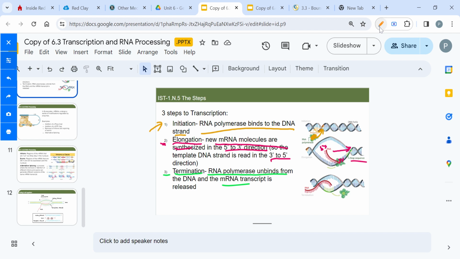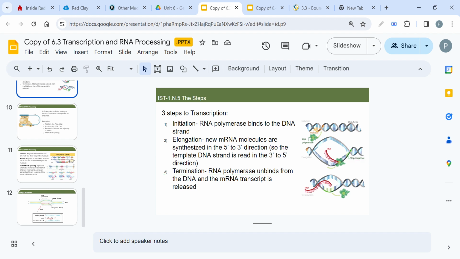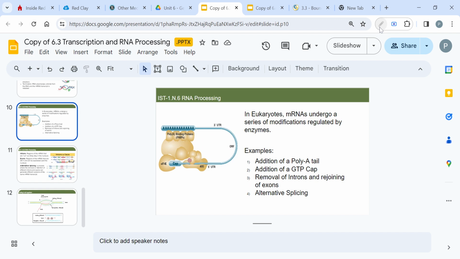Now, something different that we're going to talk about is how we modify this mRNA before we get there. You may have talked about this in your biology classes. We need to make sure, in eukaryotes, and this is specifically eukaryotes, where is the DNA? It's in the nucleus.